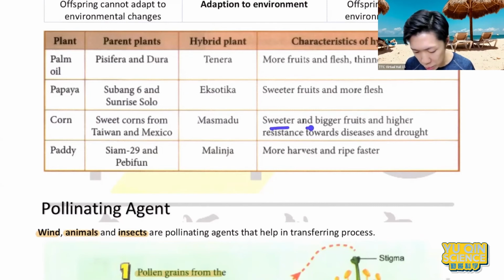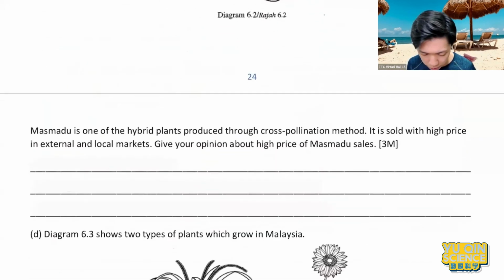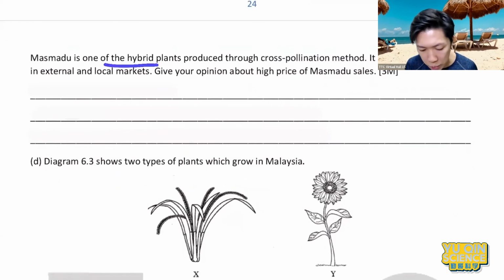Then you get sweeter, bigger fruits, higher resistance towards diseases and drought. Drought means like no water, so they can survive during dry season. Anyway, the question is, Masmadu is one of the hybrid plants produced through cross-pollination. There you go, cross-pollination between two types. They are sold at high prices.